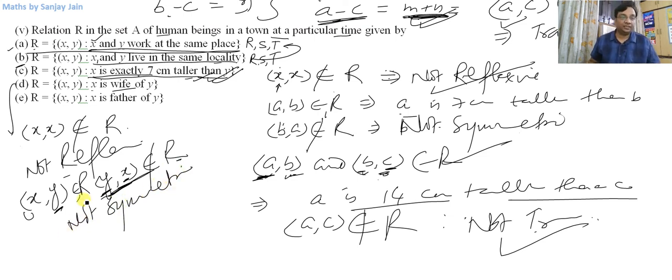Now let us check the transitivity. Now you need to pay attention. See, X comma Y and Y comma Z. Can these belong to R? Let us check. I am not saying that it belongs to R, I am checking for it. So for X comma Y to be there in this relation, X is wife of Y, alright.